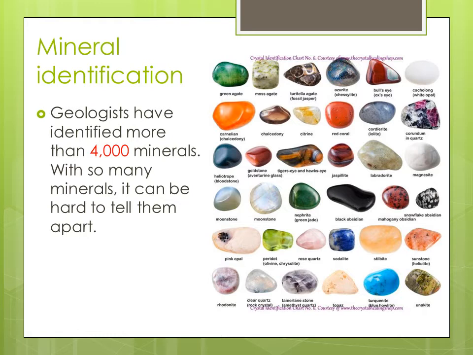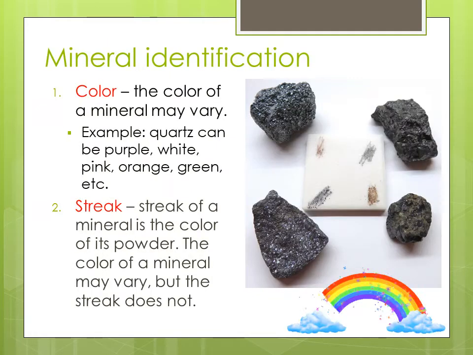So with that many minerals, it can be hard to tell them apart. The examples I have on the screen, they're different colors, they have different patterns. But these are very distinct, unique minerals. However, some are very, very similar. So we'll see that here as we go forward.